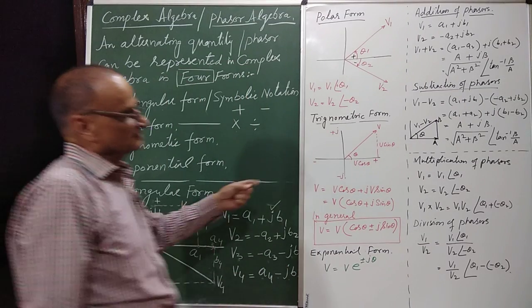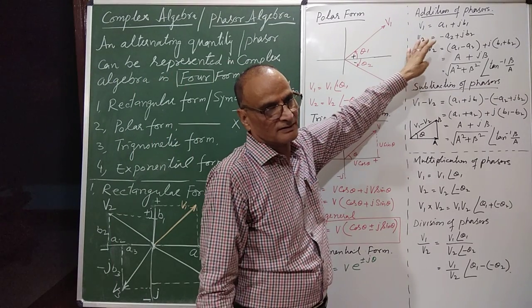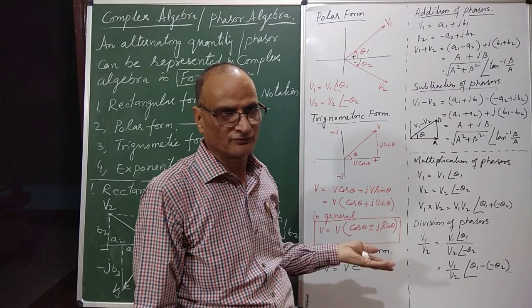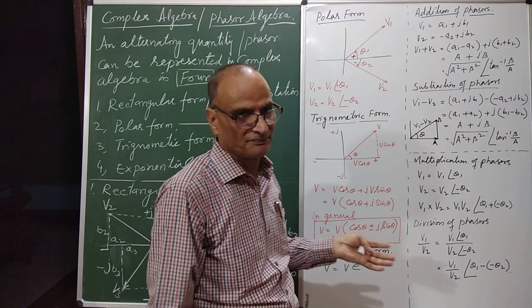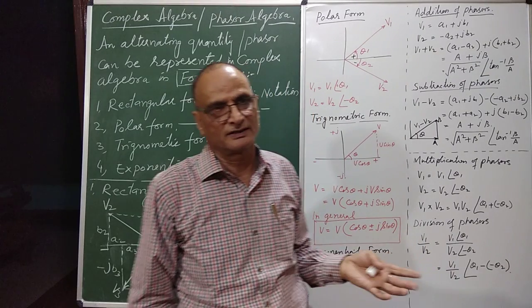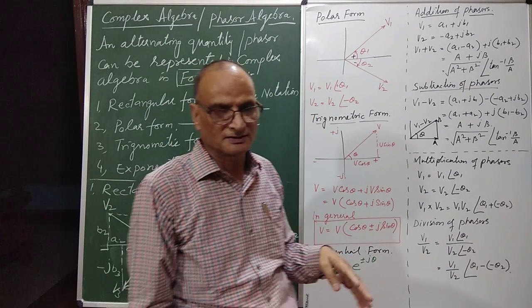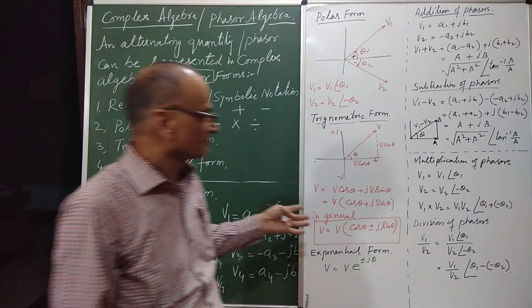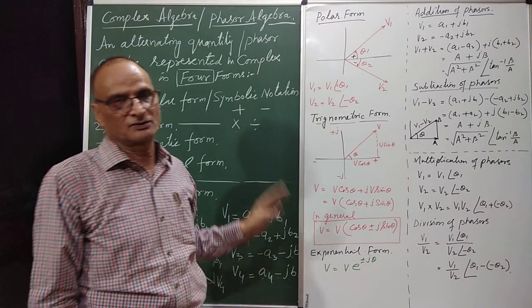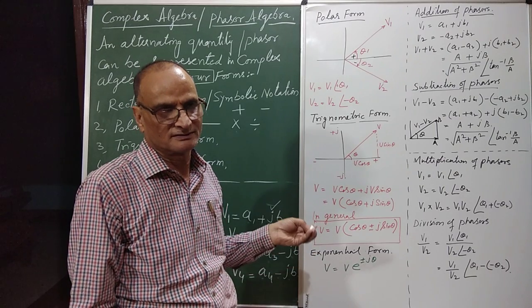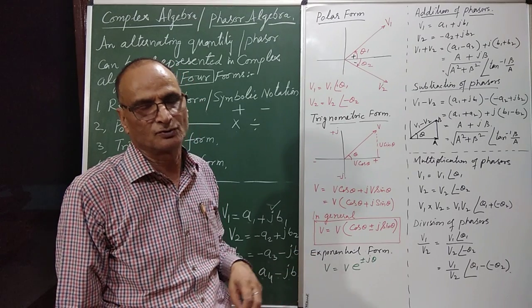Sometimes you have to convert rectangular to polar form and polar form to rectangular form. If voltage is given in polar form and you have to perform addition or subtraction, you convert polar form to rectangular form. If voltages are given in rectangular form and you have to perform multiplication and division, then convert rectangular form to polar form.